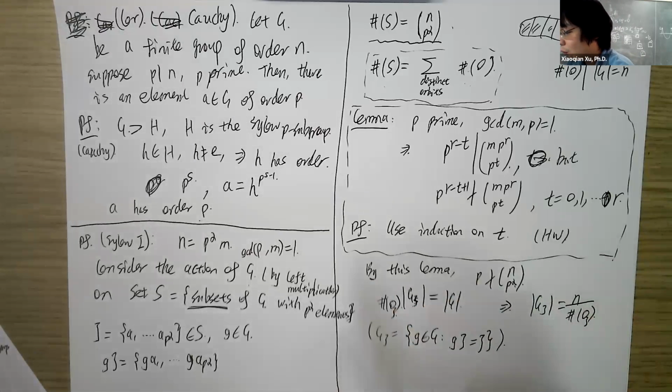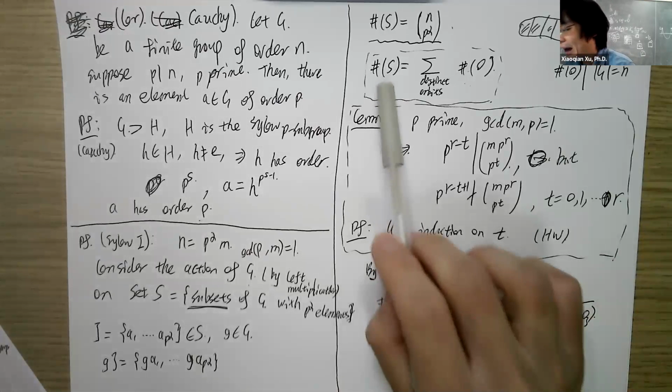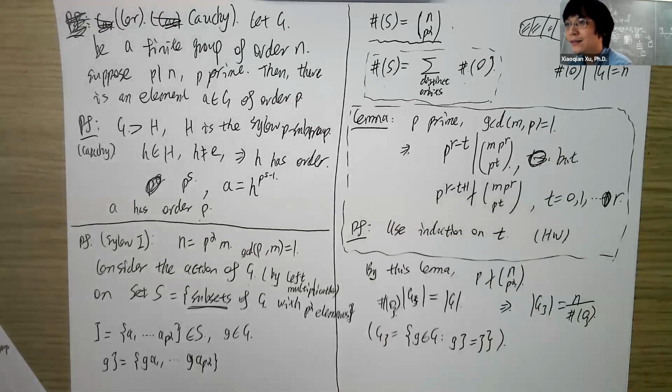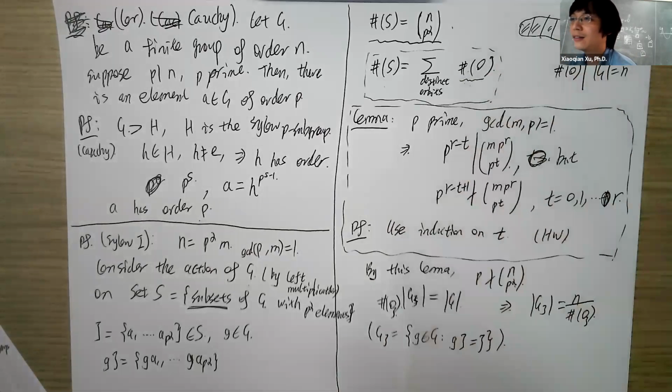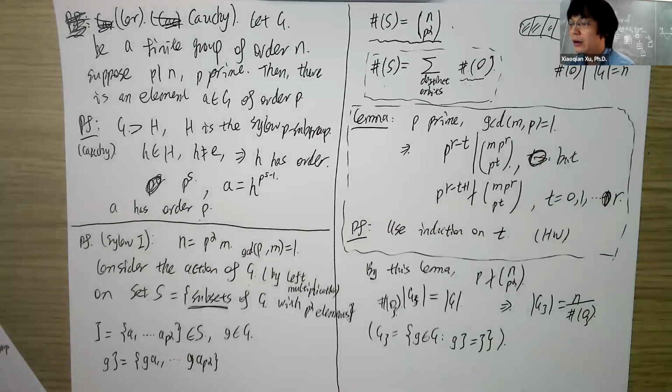So on the right-hand side, you have a number that is not a factor of P. This means some of the numbers on the right-hand side could not be a power of P. Well, could not be a multiple of P, I'm sorry.